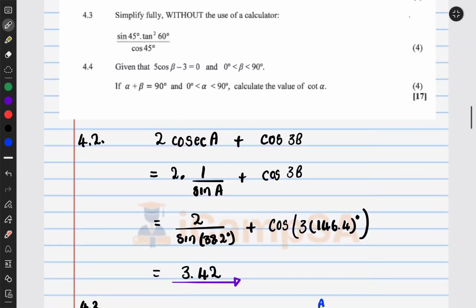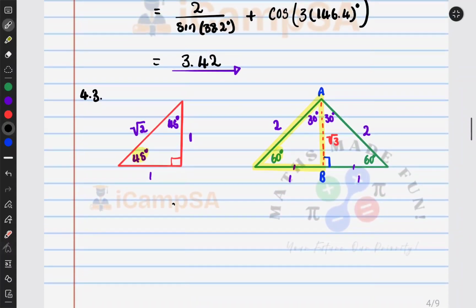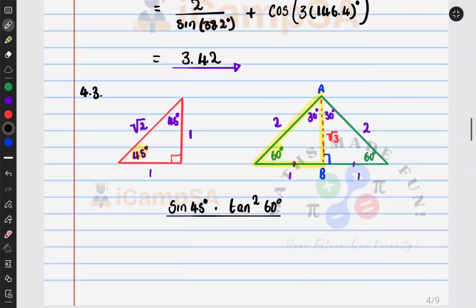So what are we given there? It's 4.3: sine 45 degrees multiplied by tan squared 60 degrees, divided by cos 45 degrees.